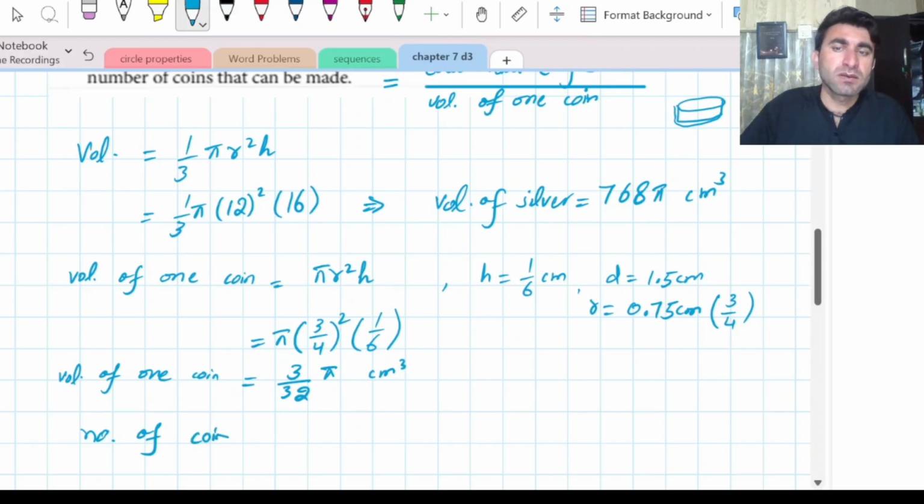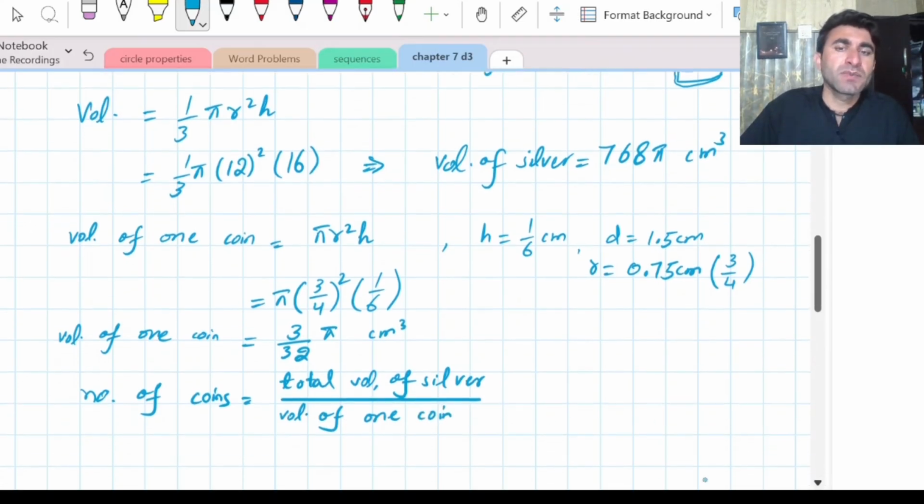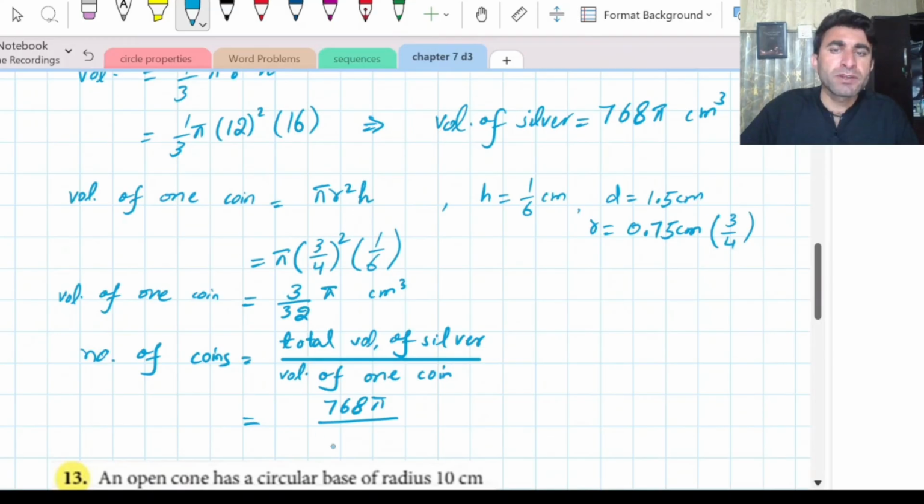Number of coins equals the total volume of silver divided by the volume of one silver coin, and that shall become 768π divided by the volume of one coin, which was 3π divided by 32.